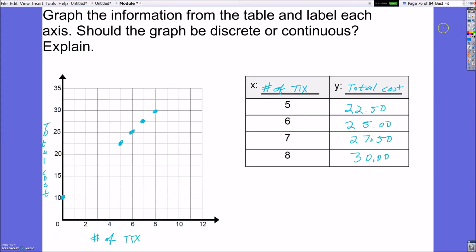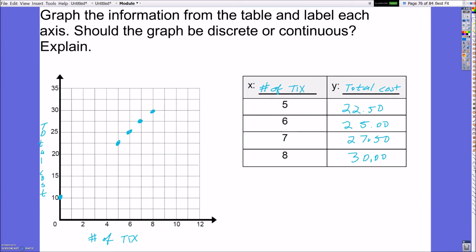It does ask, should the graph be discrete or continuous? As a reminder, a continuous graph means you can buy any amount of tickets. I know you guys are thinking, oh yeah, you can buy 1, 2, 3, 4, 5 tickets, but think about this. Could you buy half a ticket? Could you buy 0.5 of a ticket? Can you buy 0.7 of a ticket? The answer is no. You can only buy a whole number of tickets.